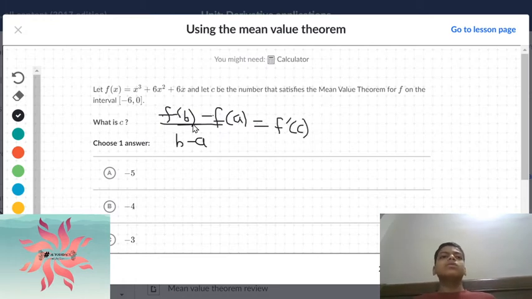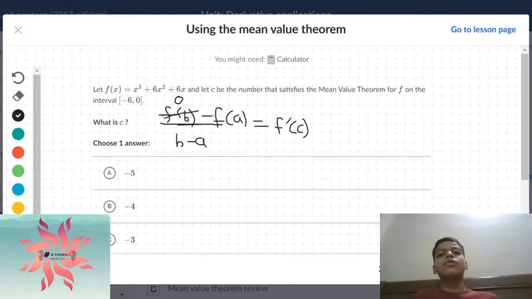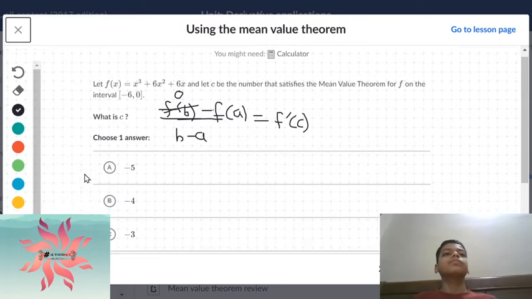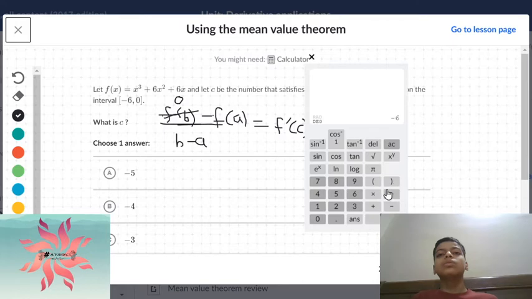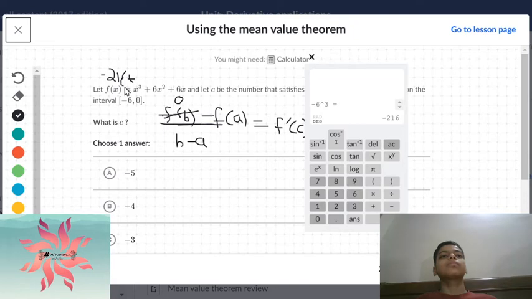Let's figure out what this is equal to. b is 0, so this whole thing will be 0. And what is minus f of a? f of negative 6. f of negative 6 is equal to negative 216 plus 6x squared.